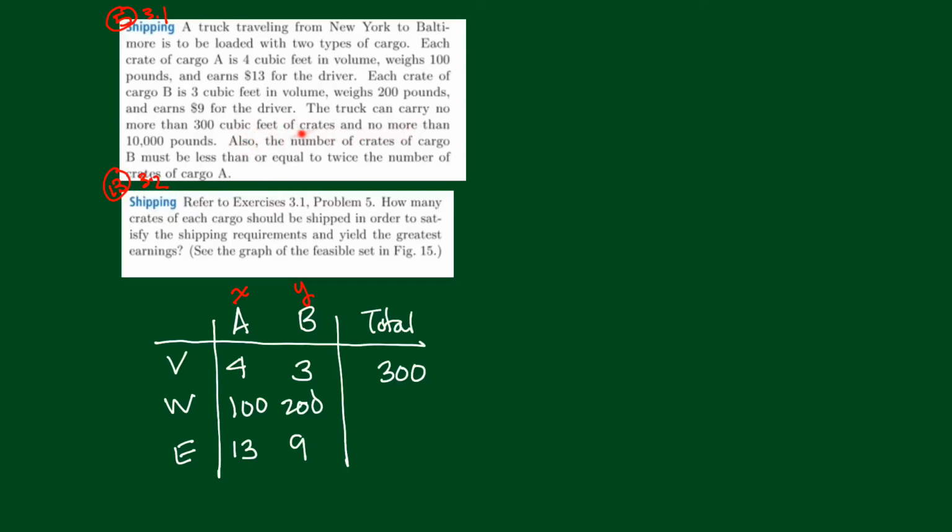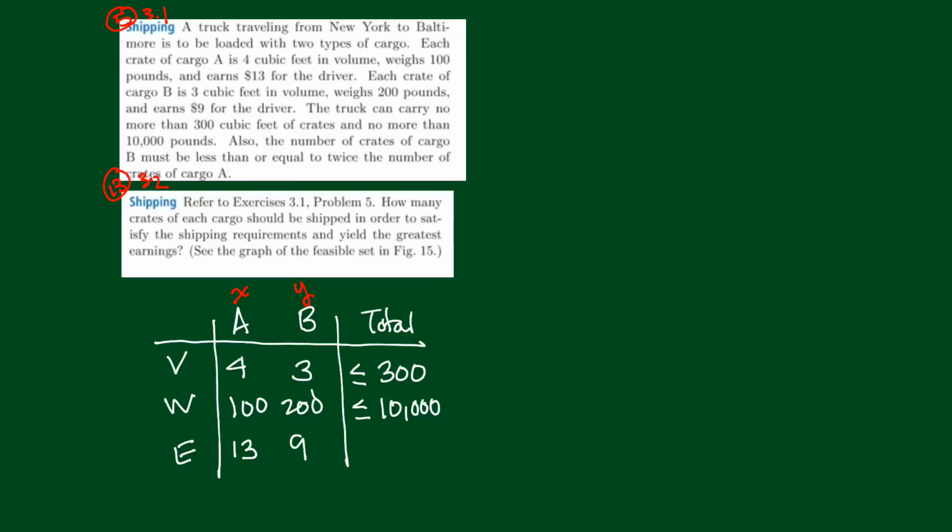No more than 10,000 pounds. So the truck can carry no more than 10,000 pounds. I'm going to leave a little space and put 10,000 over here. Now, these are not necessarily equals. It says no more than. So that means these could be less than or equal to 300, less than or equal to 10,000.